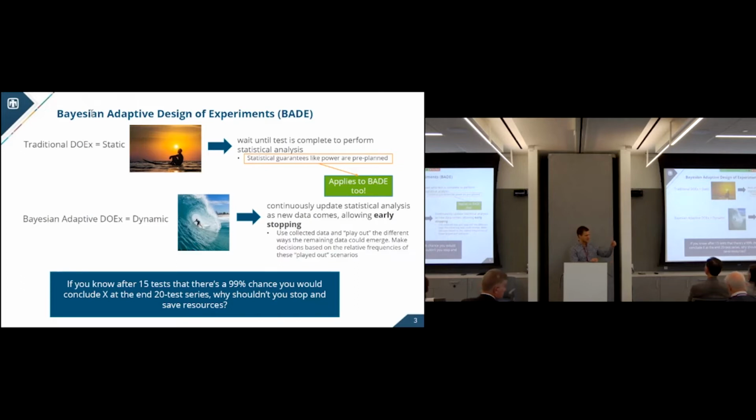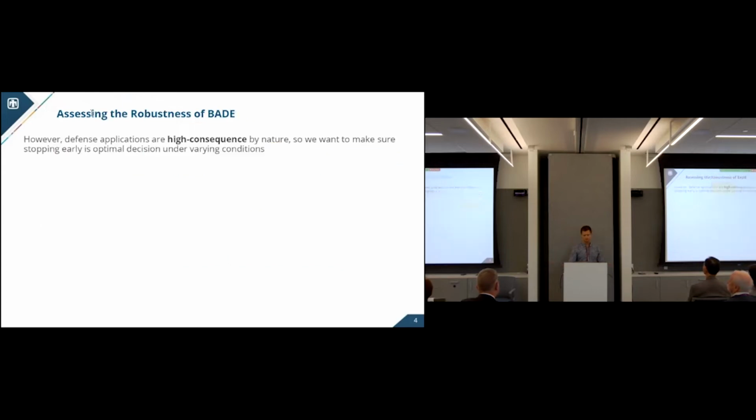Why should I do an additional 5 tests if I know what's going to happen at the end of that? And that's really what this early stopping idea gets to. It turns out this 99% is not just some number I'm pulling out of a hat. This is a number that actually is calculated through a Bayesian model. So what I'm actually going to be talking about is assessing the robustness of this. So if we stop a test early, we want to make sure that it was a good idea.